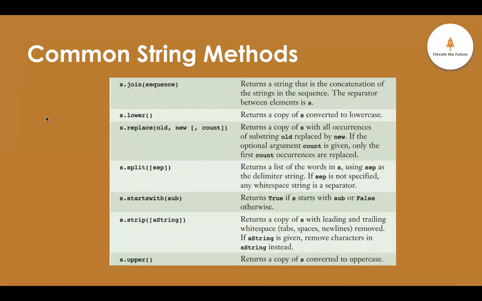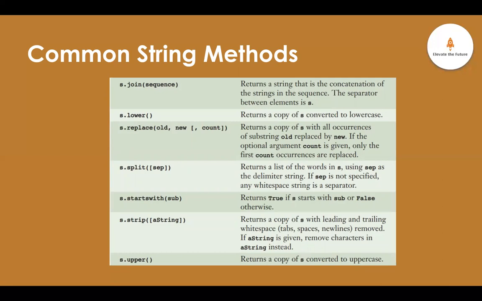So the next one is join, which returns a string that is the concatenation of the strings in the sequence. The separator between elements is S. Lower returns a copy of S converted to lowercase.